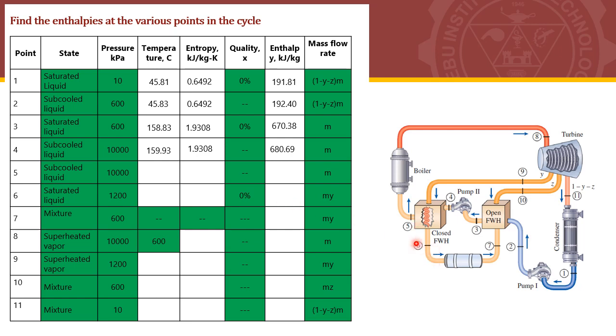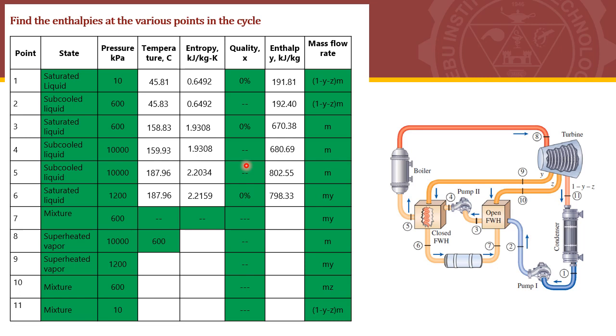So we will get point 6 first. Point 6 is saturated liquid, so we can automatically get the unknown values. Now that we have the temperature at point 6, since it is the same as point 5, they are the exit points of this closed feed water heater. We'll just copy this to point 5, and then we can also get the remaining properties.